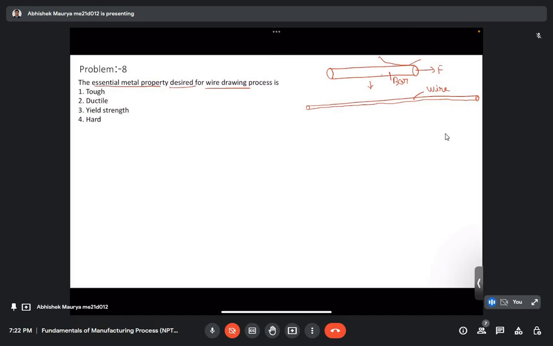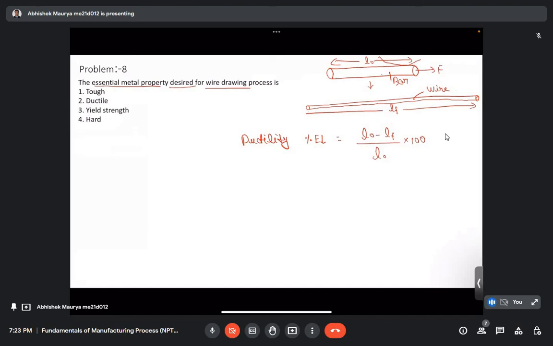And how is it defined? Ductility is defined by percentage elongation, which is given by (L0 minus LF) upon L0 into 100. Suppose initially we have a bar of length L0, and finally its length changes to LF.